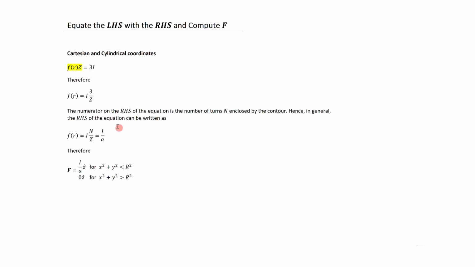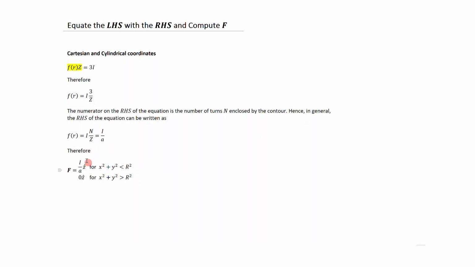Hence, in general, f of r is I times n over z. There were 3 in this case, but we could have made the contour higher and enclosed more windings, and this would have been n over z. But this is nothing more than I divided by A, which is the pitch. In other words, the number of windings per meter, for example.